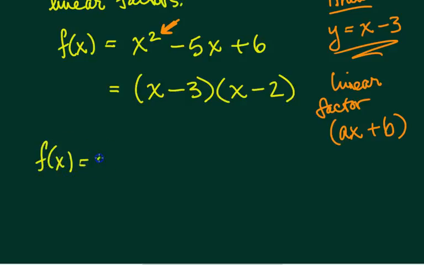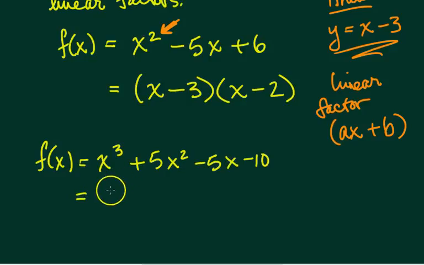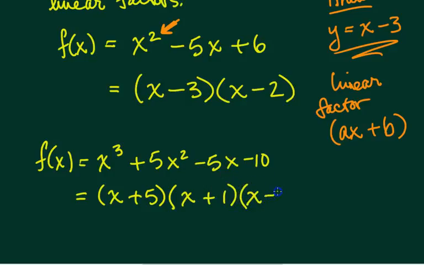F of x is equal to x cubed plus 5x squared minus 5x minus 10. Now I cooked this one up in advance. It's not something that I can just look at and factor by myself, but I do know for a certain fact that this one factors into x plus 5 times x plus 1 times x minus 2. So again, we have the degree 3 and 3 linear factors.